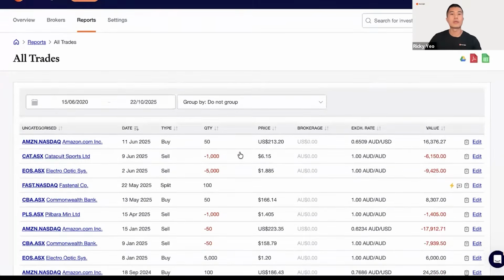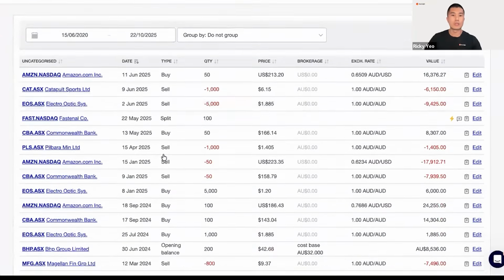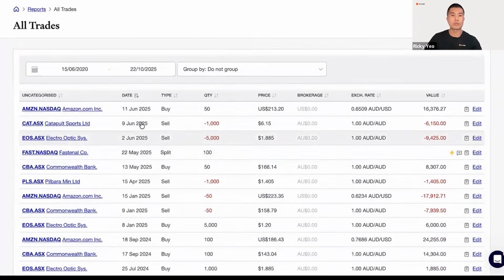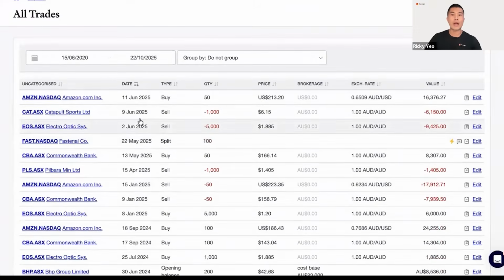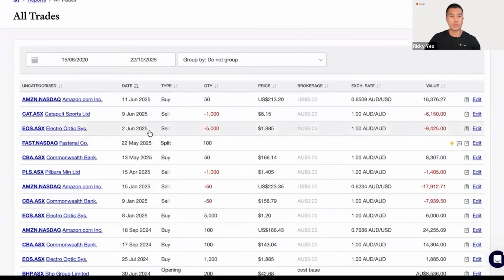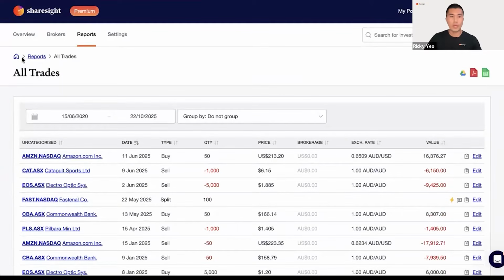That gives me an idea of all the buys and sells in my portfolio. It gives you a sense check of whether you have any missing trades for the financial years, and if there are any, you have to fix those. This is a very high level check to make sure all your trades from your brokers are in Sharesight.